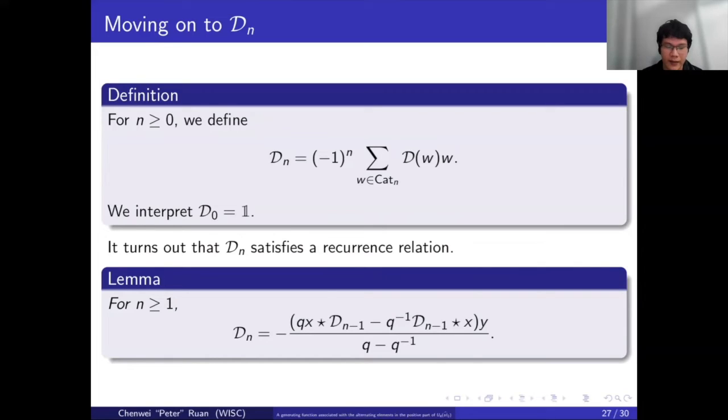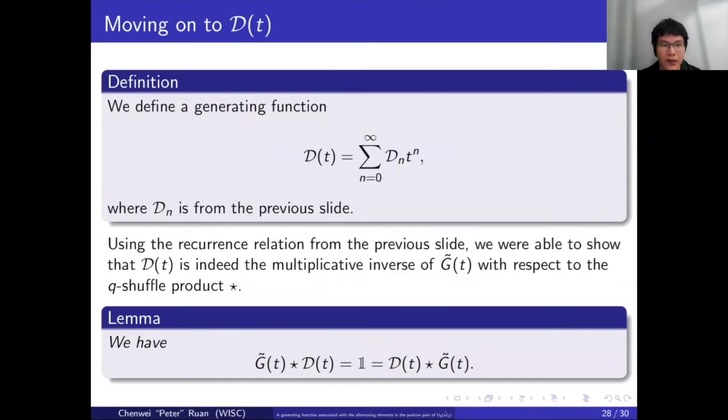It turns out that through some calculation, QD sub n satisfies a certain recurrence relation. For n greater than or equal to 1, QD sub n is q x star QD sub n minus 1 minus q inverse QD sub n minus 1 star x, and then we attach a y on the right and divide by q minus q inverse.